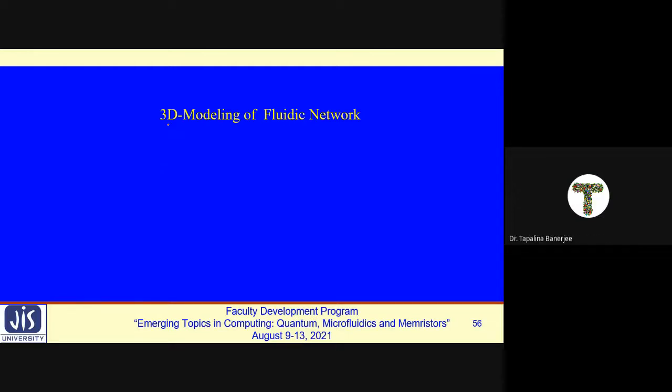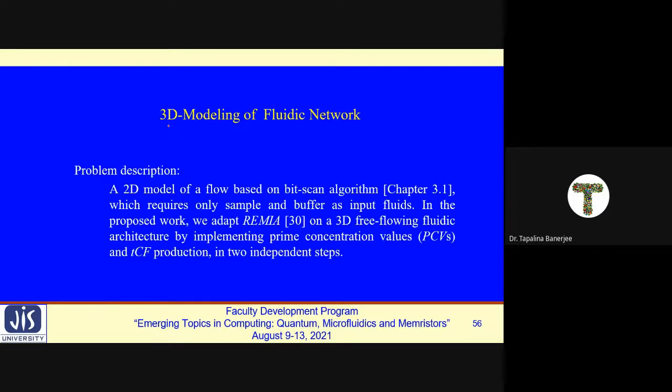In the case of this 3D modeling of the fluidic network, we suppose that a 2D model of flow based on the bead scanning algorithm was already discussed. It is actually chapter 3.1 of my thesis. That was the previous one, which requires only sample and buffer as inputs.